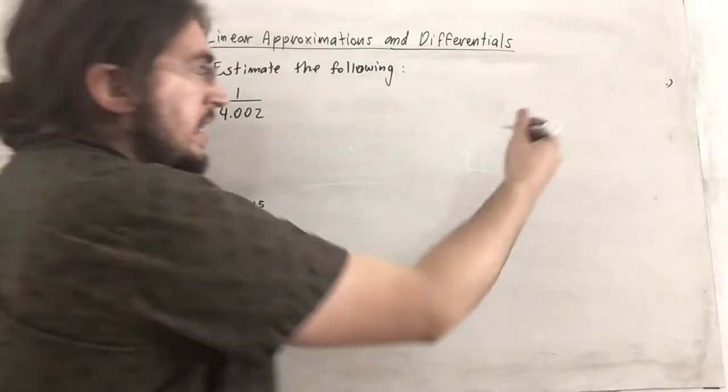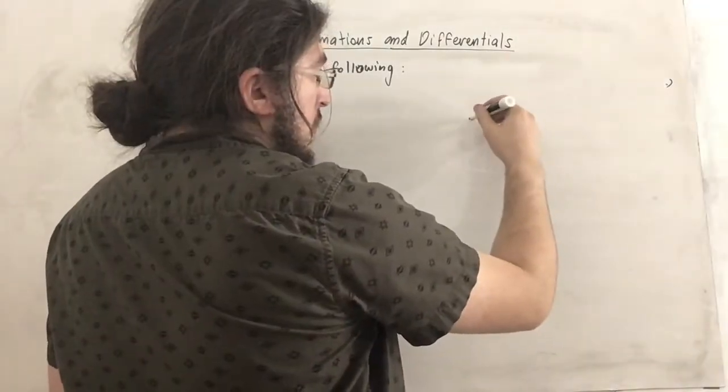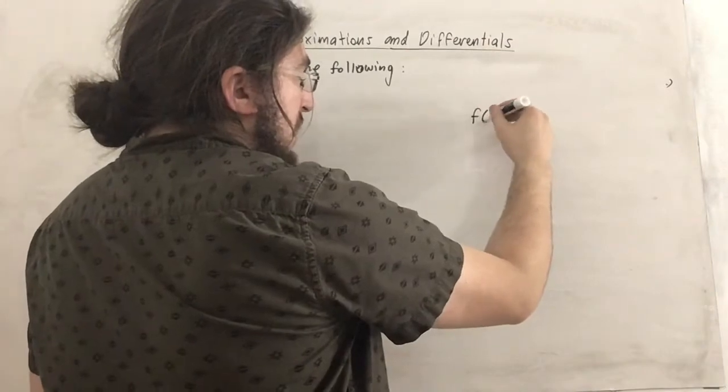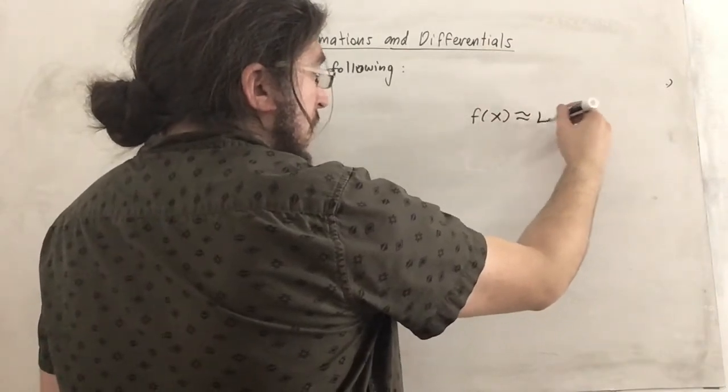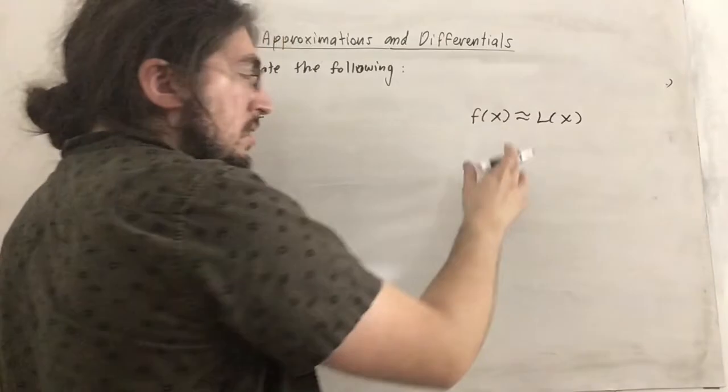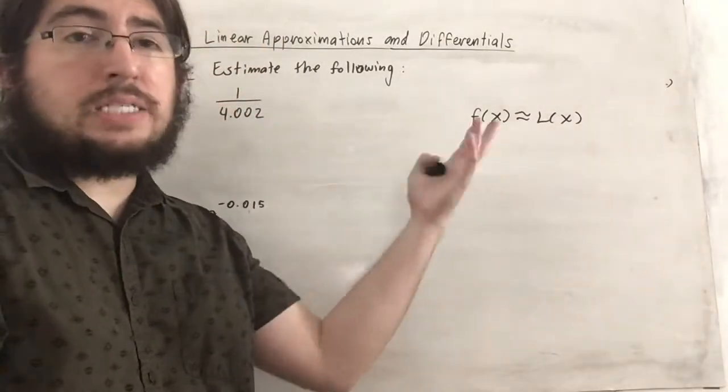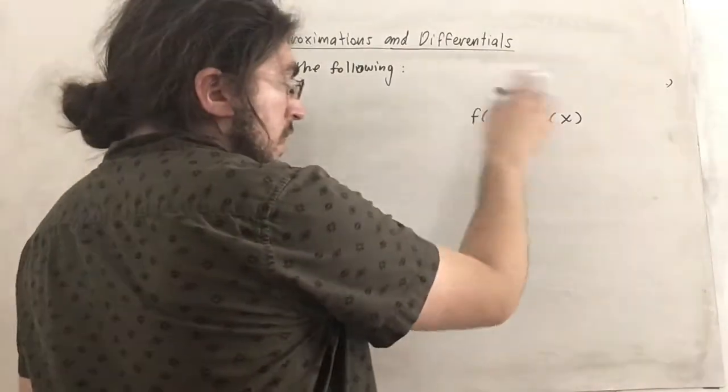In fact, just to give you an idea, with linearization, we say that f of x is approximately L of x when x is close to a, because L of x is based on a. So this is with linear approximation.